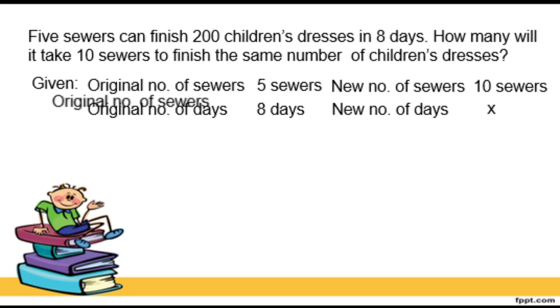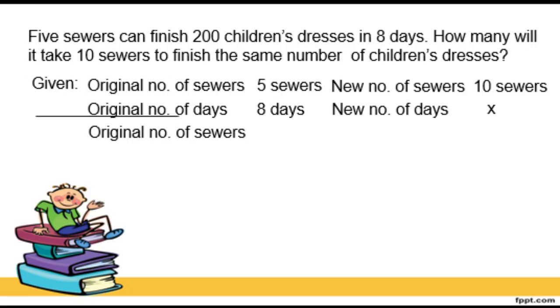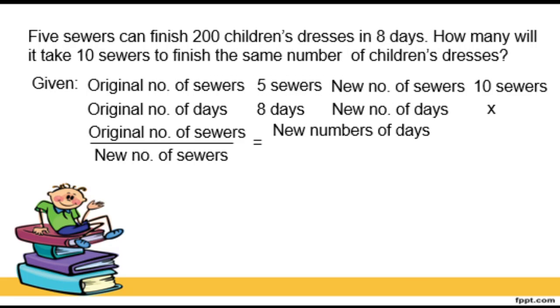So we have to write that into a ratio: original number of sewers over new number of sewers equals the new number of days over the original number of days. Then substitute the values.